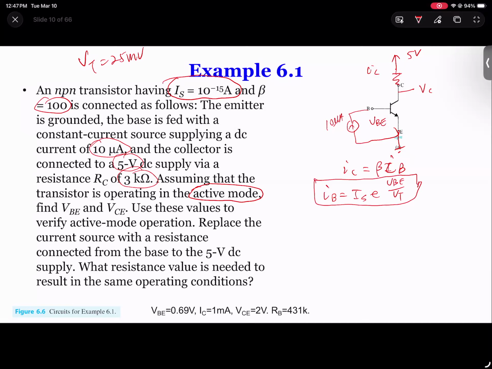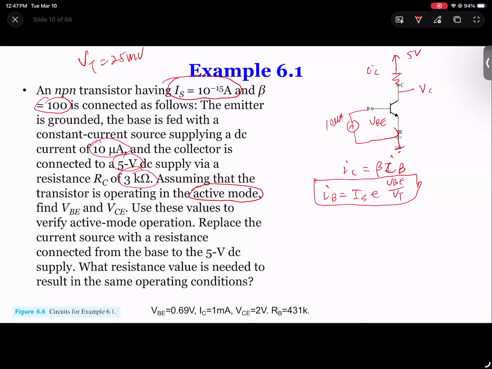Do you guys see from this, IS is given, IB is given, you should be able to find VBE. The only thing to watch when you do the calculation is the unit. So if you want to use microamps, use microamps. If you want milliamps, you use milliamps. But don't mix them up. If you mix them up, you have trouble getting the right answer.